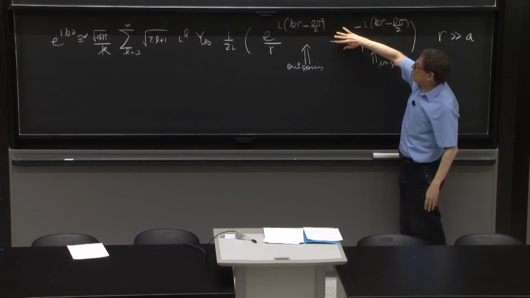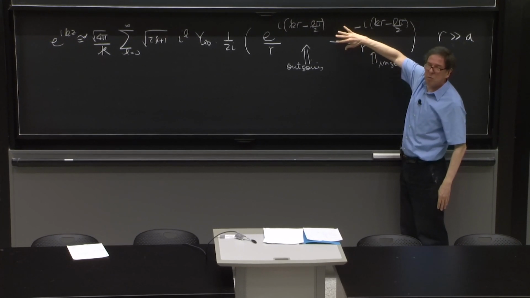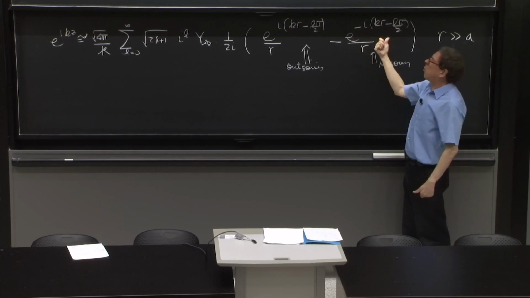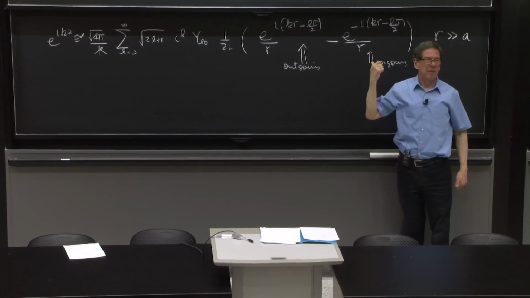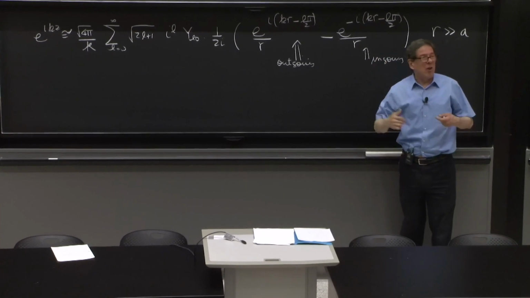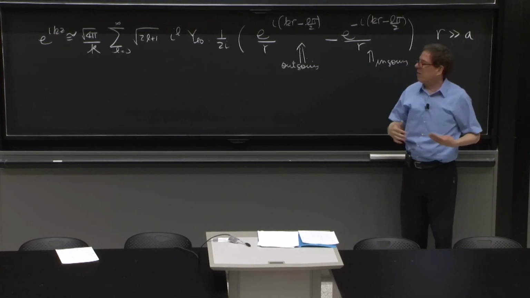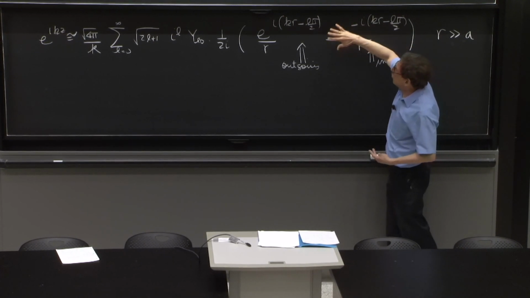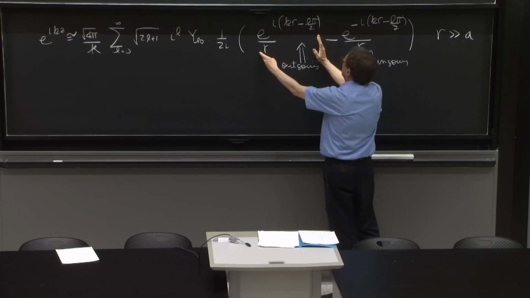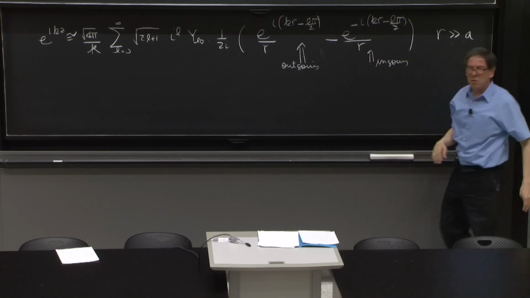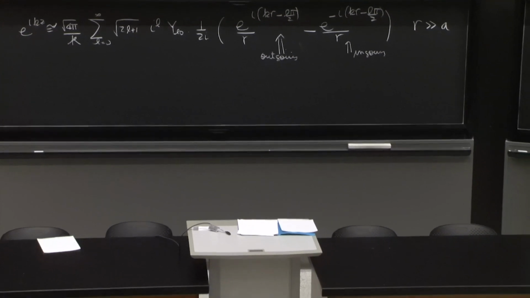The fact that the Schrödinger equation works for this one approximately doesn't require the ingoing wave. The Schrödinger equation doesn't mix the ingoing waves and the outgoing waves. It keeps them separate. So this is an approximate solution, and this is an approximate solution as well.